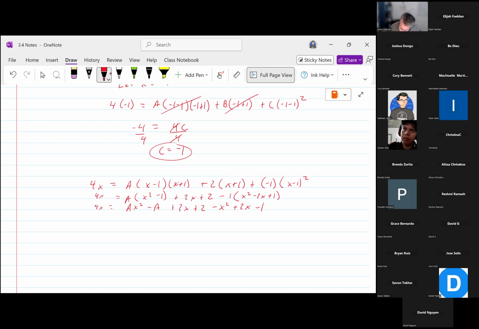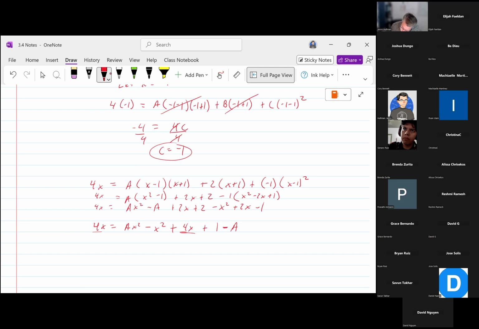So I will get 4x is equal to ax squared minus x squared, plus 2x plus 2x, that's 4x. That makes sense, because we have a 4x here, we should have a 4x here. Plus the constants: 2 plus 2 minus 1 is 1, minus a, so 1 minus a.